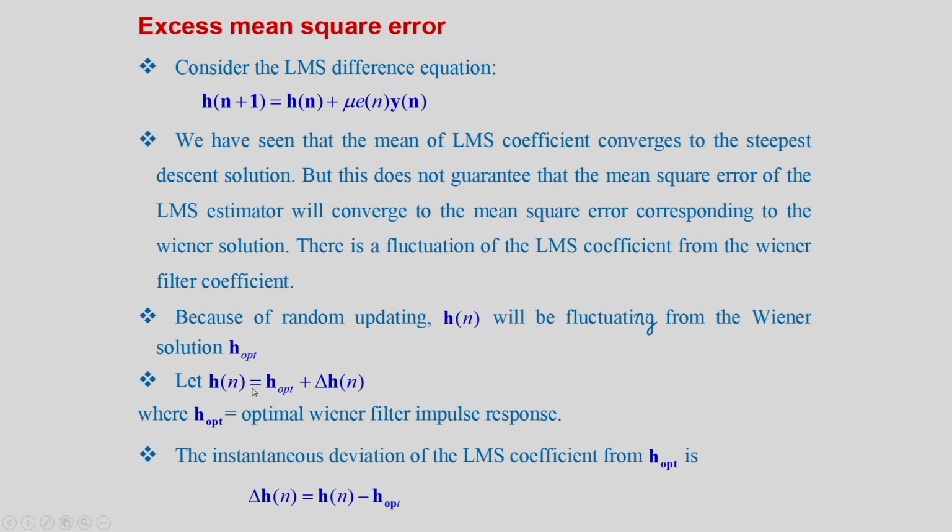Let Hn be equal to H opt plus delta Hn, where delta Hn is the fluctuation and H opt is the optimal Wiener filter impulse response. That is, H opt is the optimal Wiener filter vector. The instantaneous deviation of the LMS coefficient from H opt is given by delta Hn equal to Hn minus H opt.